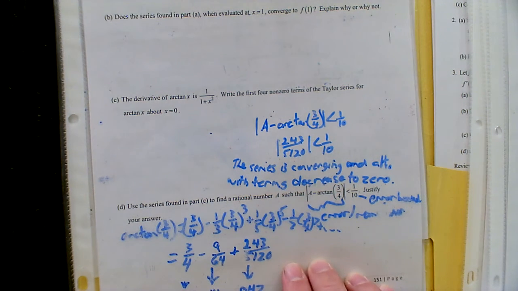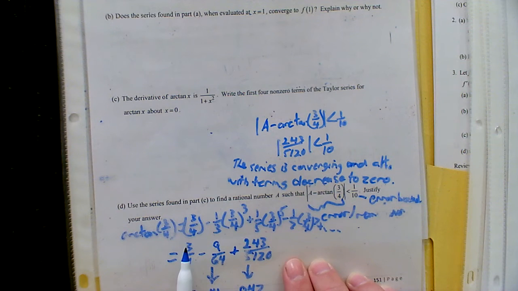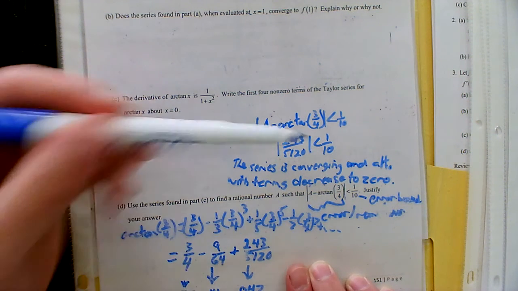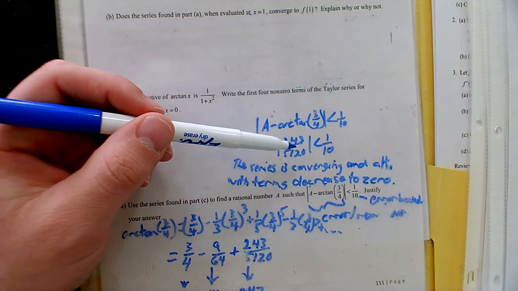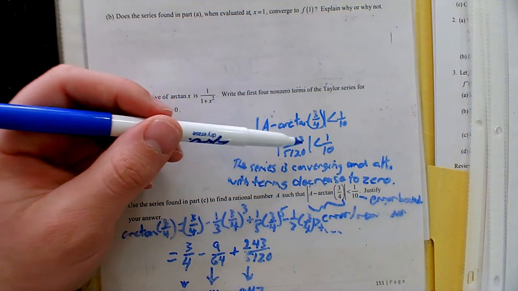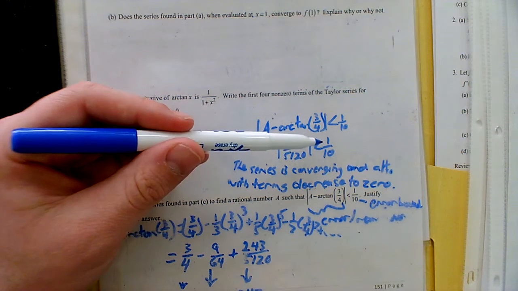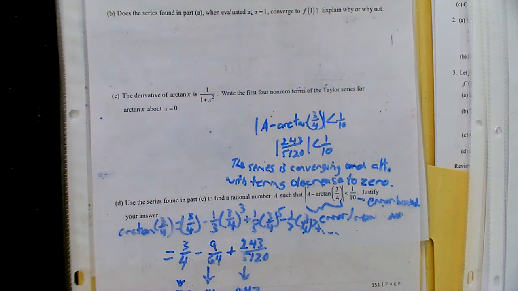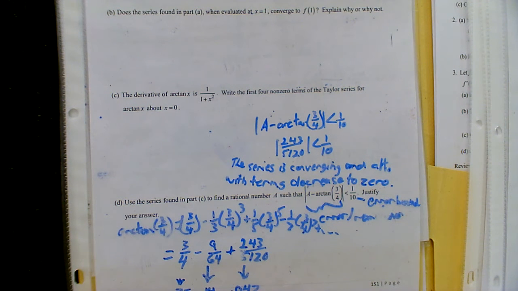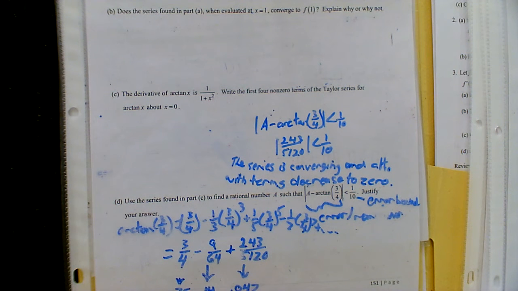So what we had done there, we found that part in this series that was less than our error bound. So again, just like the alternating series, we know that that term, whether it's added or subtracted, is less than 1/10. So we know every term added up before that, that sum has to be within the error of 1/10.